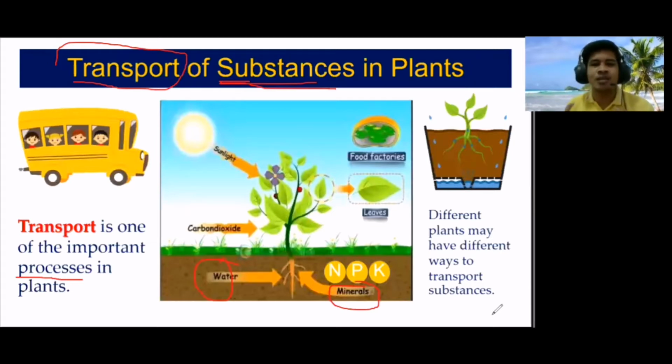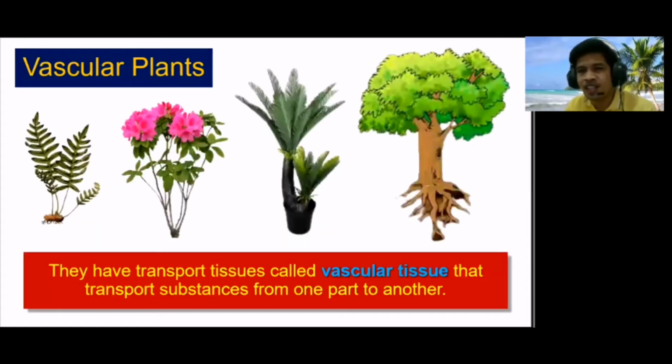There are many ways in which you can go from home to school. Same with plants, right? There are many ways in which substances can be transported by plants. Understand? Now, for vascular plants, what are vascular plants, teacher?